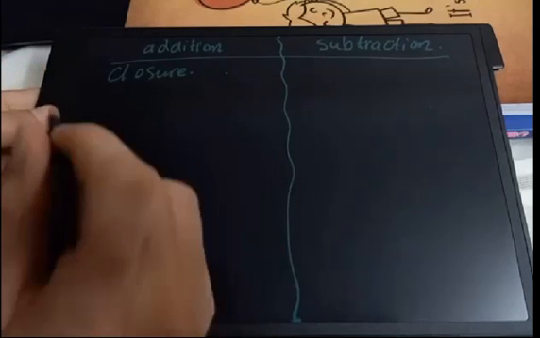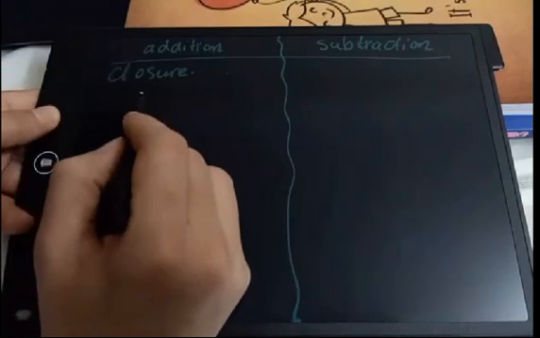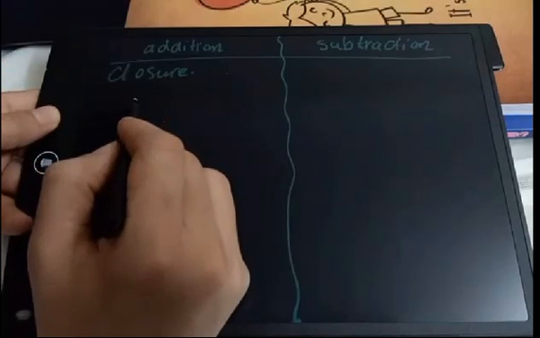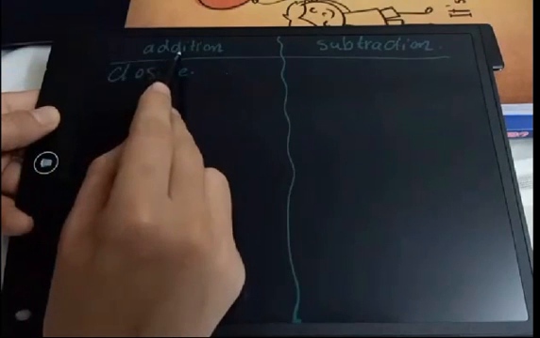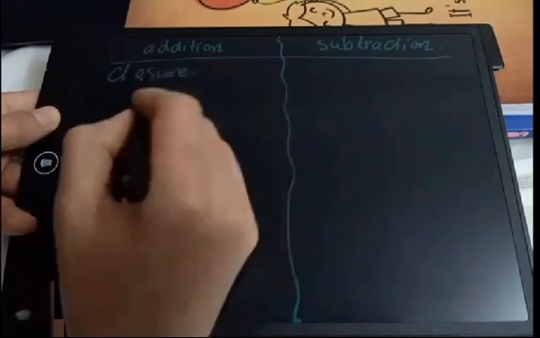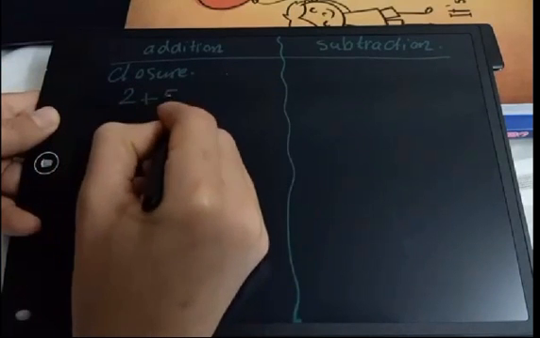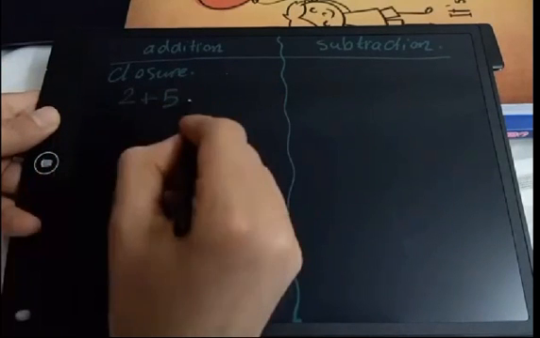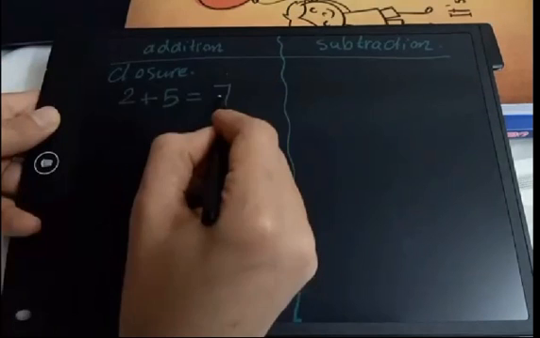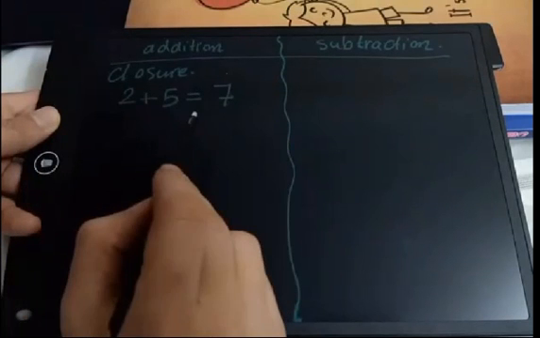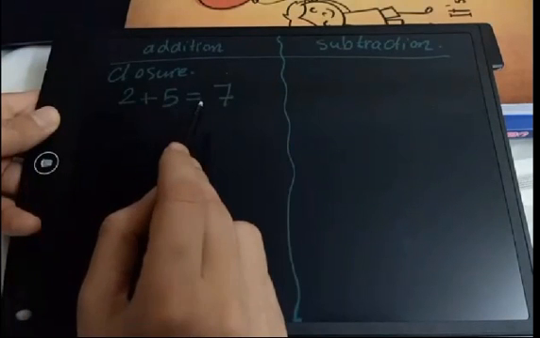Yes, Ibrahim. So if the answer is in the natural numbers, that means the property or the operation is closed. So if I say here for the addition, 2 plus 5 equals 7. And 7 is a natural number. That means the addition is closed.